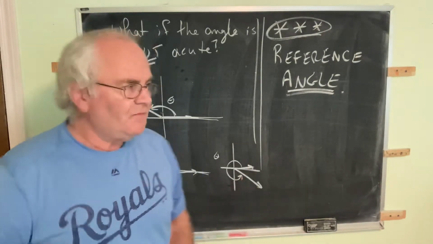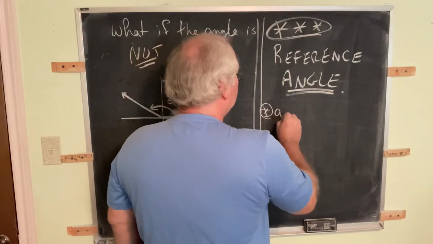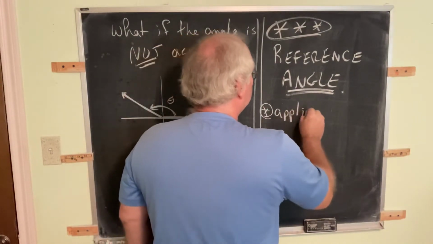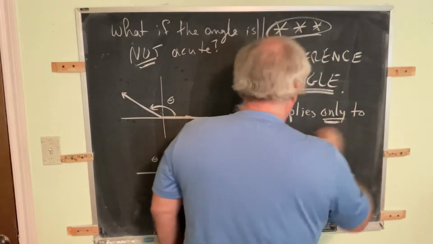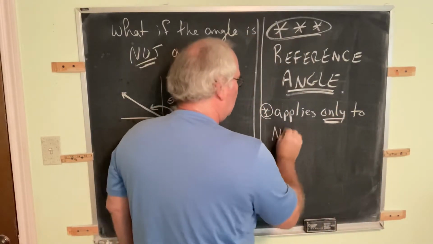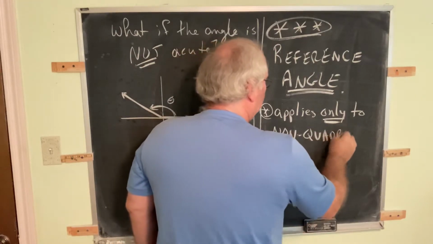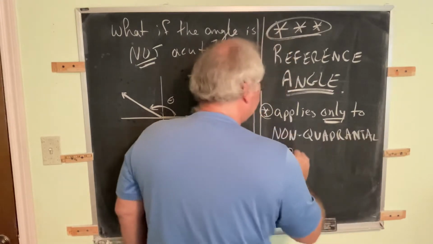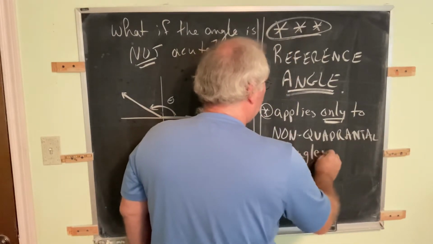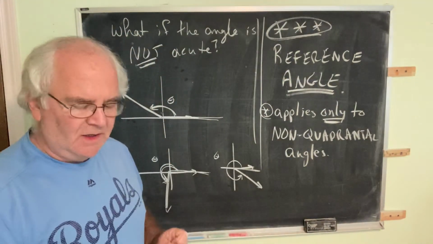Number one, reference angle applies only to, and here's the phrase I'm going to use, non-quadrantal angles. Is it clear what that means? It needs to not be a quadrantal angle.